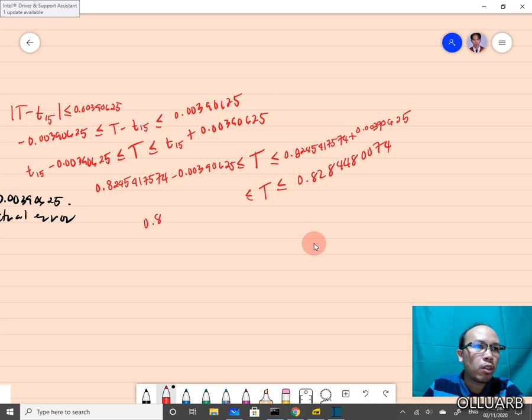This is 0.8206355074 on the right. So our sum t, if you recall in your notebook, you will see that it is in this interval.